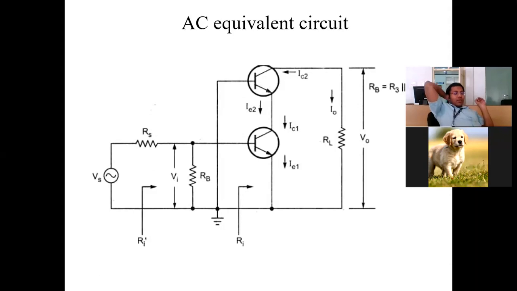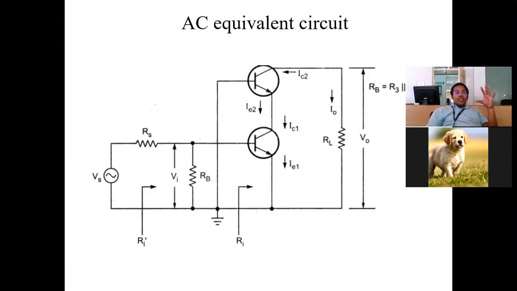Why am I telling any circuit? Because those who are setting question paper can give a new circuit and say, find out what is the input impedance. Then my students, you should not be afraid. What you will do, you will go for AC equivalent, with the guidelines: capacitor short circuit, DC voltage replaced by ground, then rearrange.